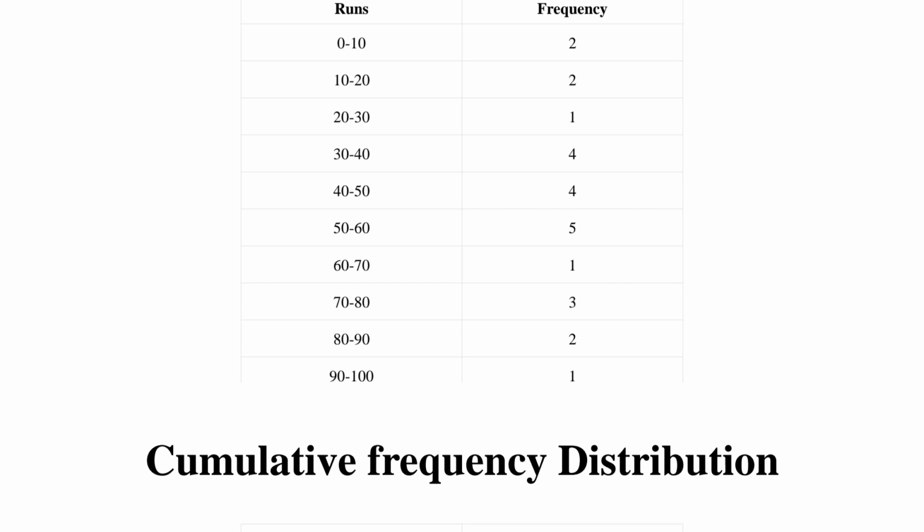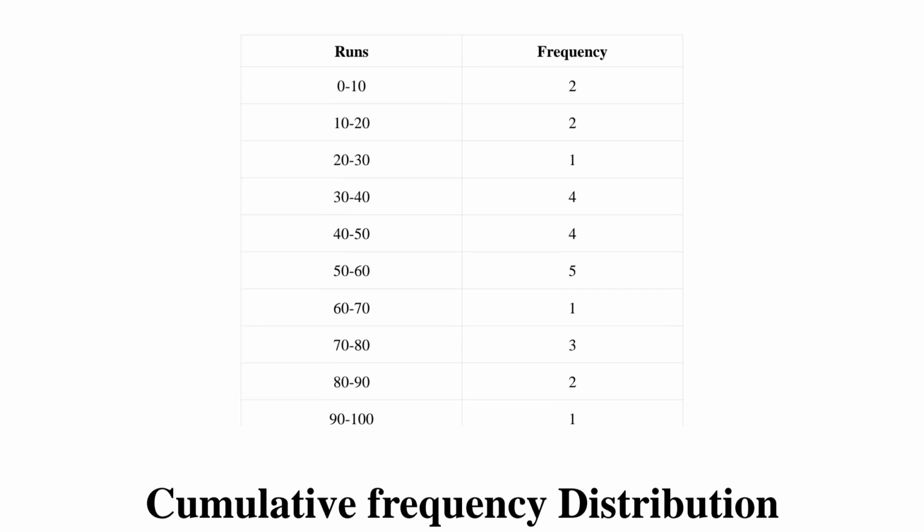Like this we consider the lower boundary value. So less than type considers the upper boundary value, and more than type considers the lower boundary value. These are the four different types of frequency distribution. Among these we can select any one according to our application and find the frequency pattern, how much it gets distributed. That's about frequency distribution. Thank you.